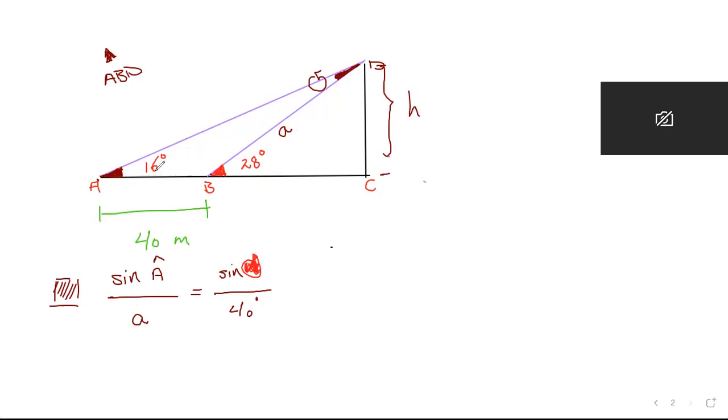I know the angle A is 16 degrees, which means sine of 16 degrees over A, which I do not know and keep like that, equals the sine of this angle, which I have noted here, over 40.